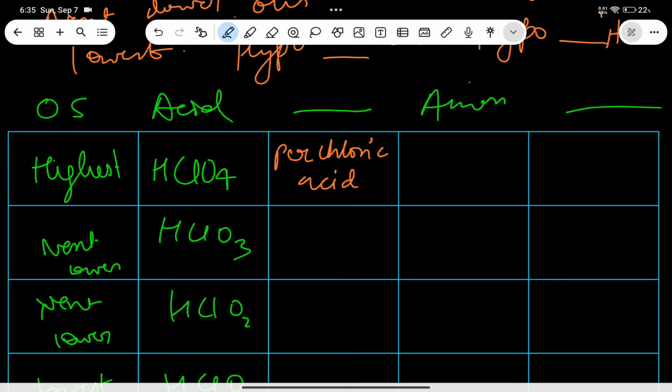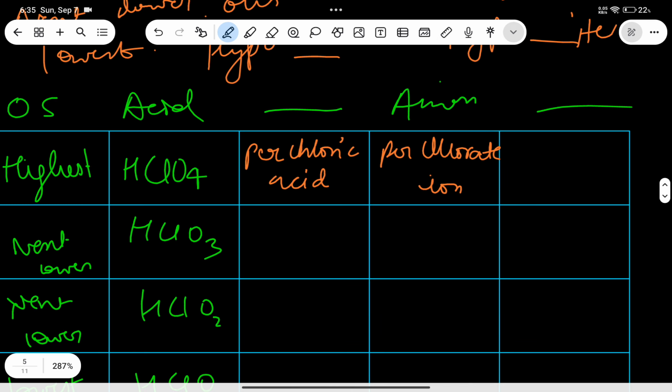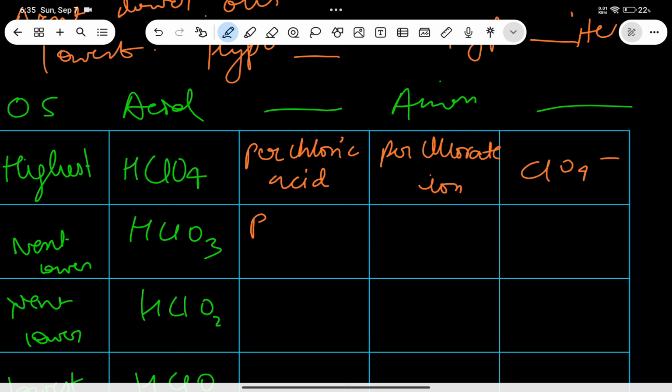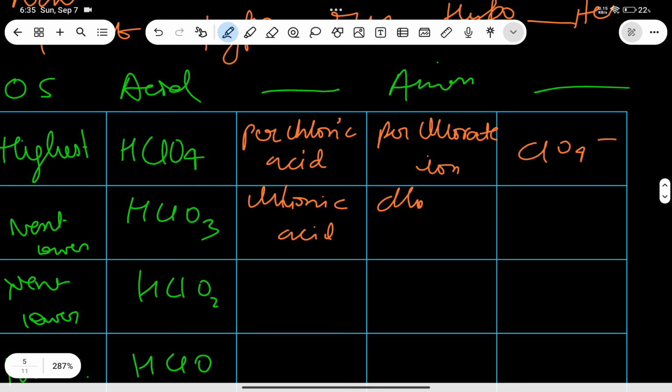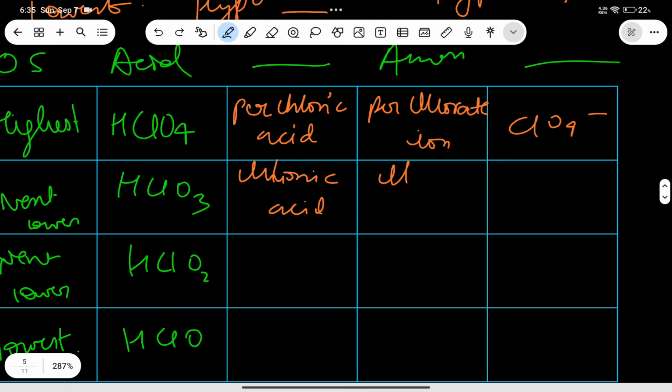Perchloric acid, and similarly the anion would be perchlorate ion, and the formula would obviously be ClO4 minus. Then this will be simply chloric acid, and this would be simply chlorate ion, it would be ClO3 minus.